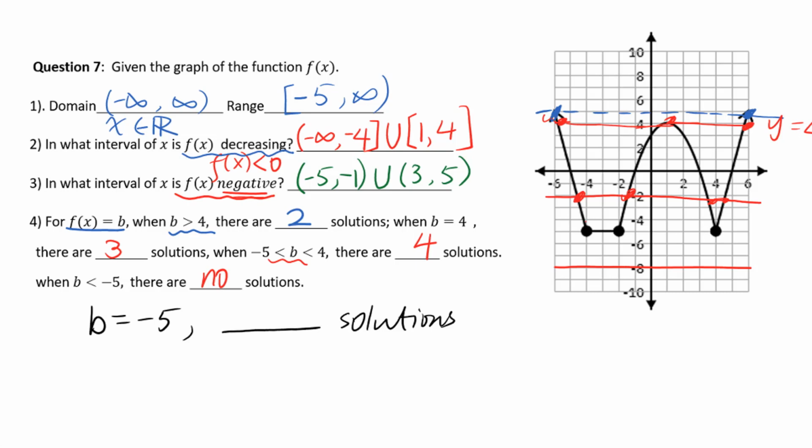When b equals -5, we will draw a line like this. We have this line overlapped with y equals -5. So there are infinite solutions. Because there are infinite intersections.